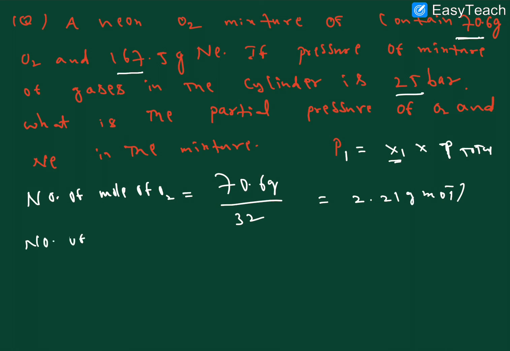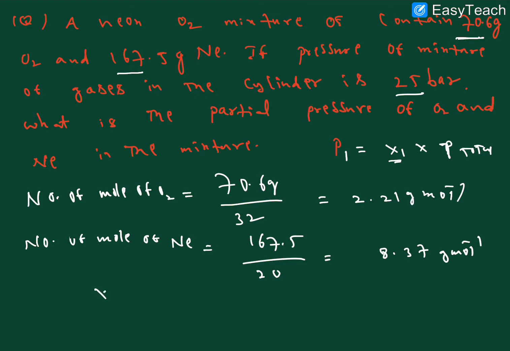And next, the number of moles of neon is equal to the weight 167.5 divided by the neon molecular weight, 20. So that is equal to 8.37 moles, right? So here I want the mole fraction of oxygen.